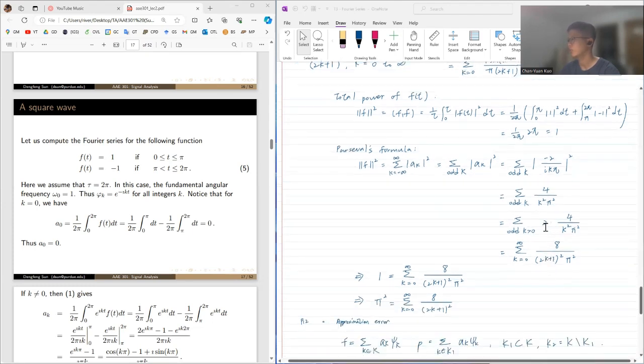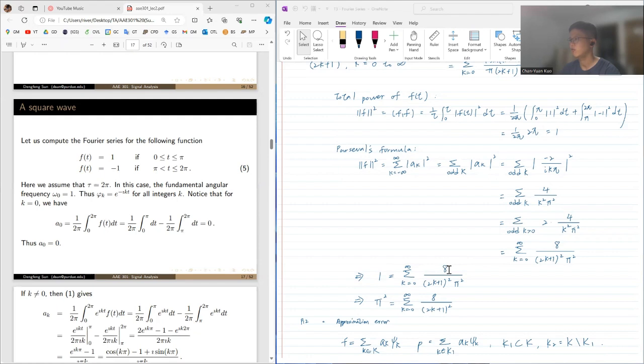So that's why we will get 2 times 4 over k squared times pi squared, and the summation will only be over the positive odd case. And we can apply the same trick to discard the positive odd case. We do that by replacing k by 2k plus 1, and we can then let k be from 0 to infinity.